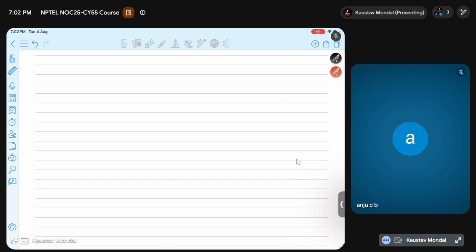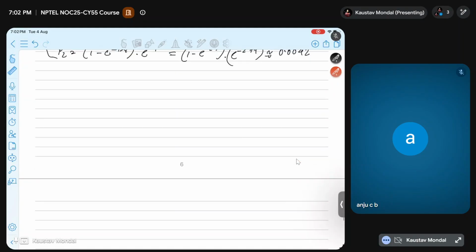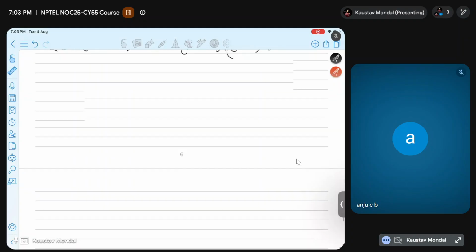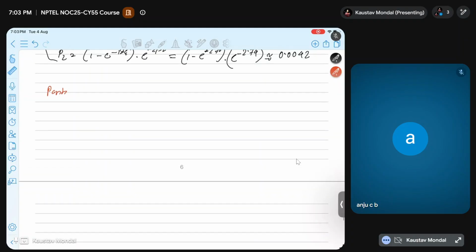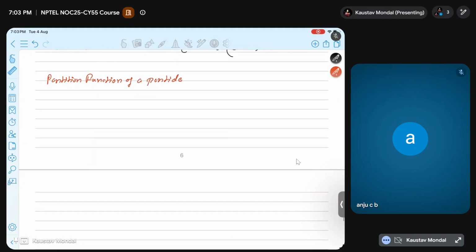So let me write it. Partition function of a particle moving in a 1D container.